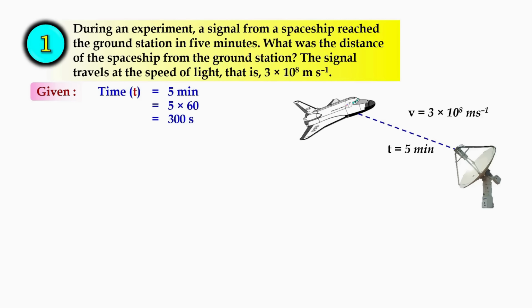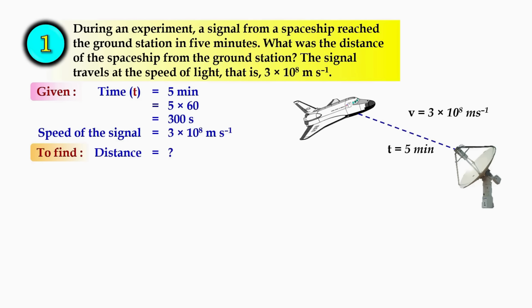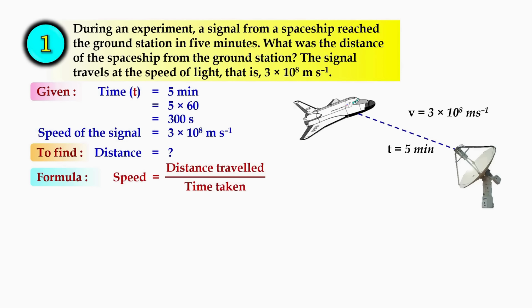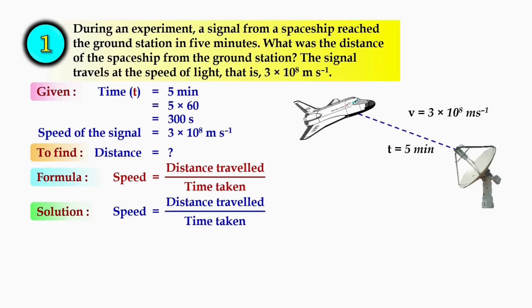The speed of the signal is given as 3 into 10 raised to the power 8 meters per second. We have to find the distance traveled by the signal. We know the formula. Speed is equal to distance traveled divided by time taken. Rewriting the formula, distance traveled is equal to speed multiplied by time taken.